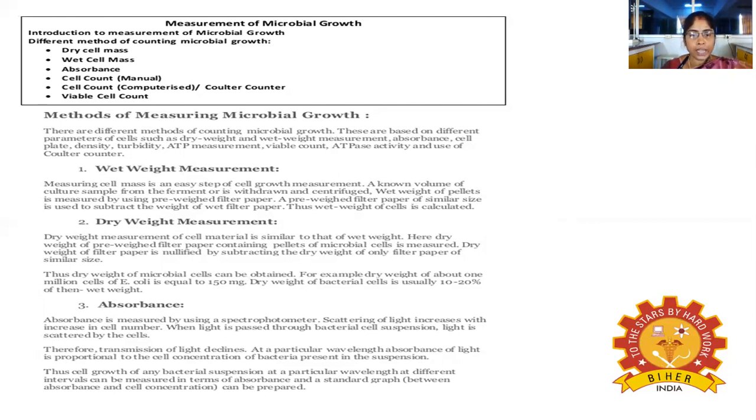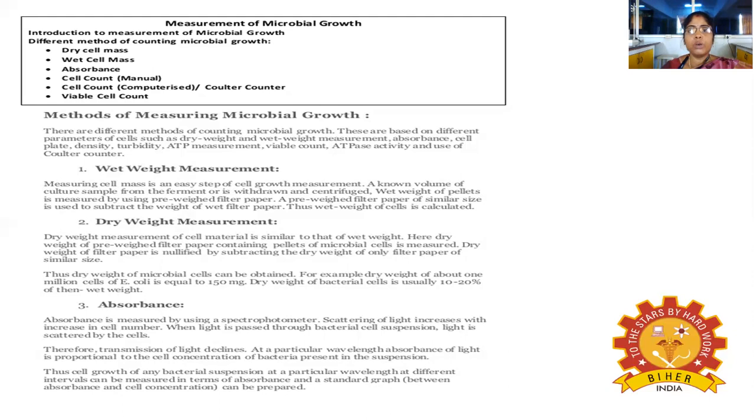Okay, so the dry weight measurement is similar to the wet weight. We collect the sample, centrifuge the sample, and drain the supernatant so that the pellet can be weighed. But here, we will not measure the weight of the pellet in wet form.